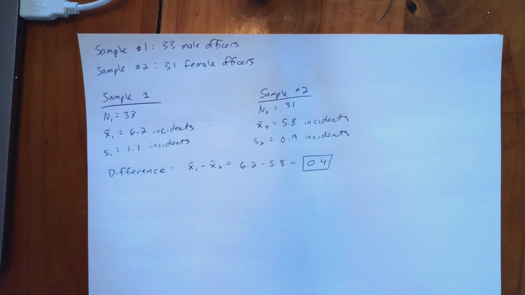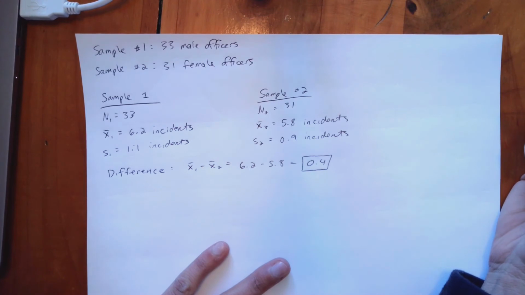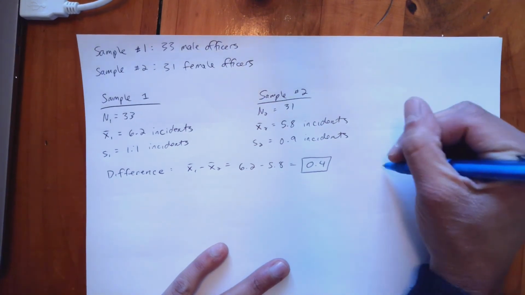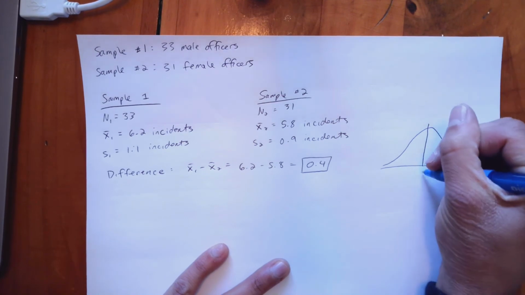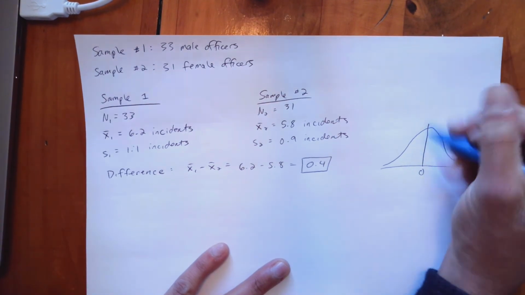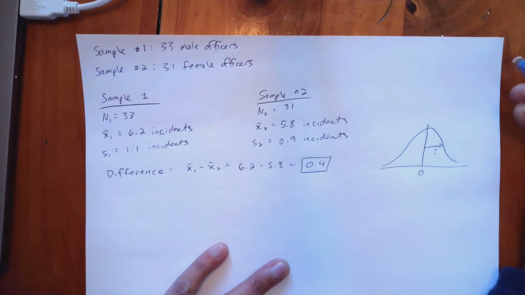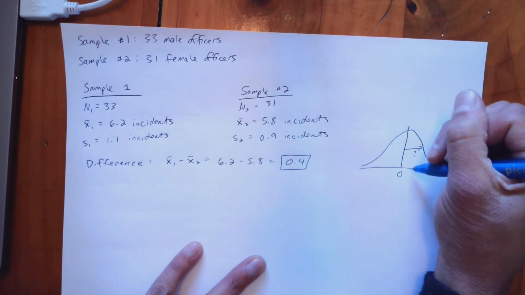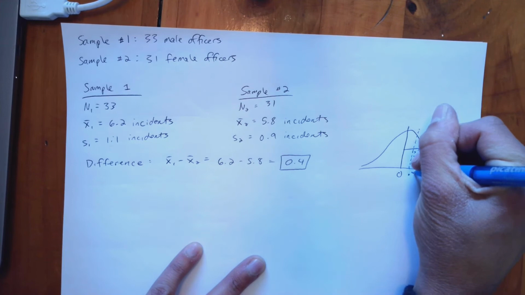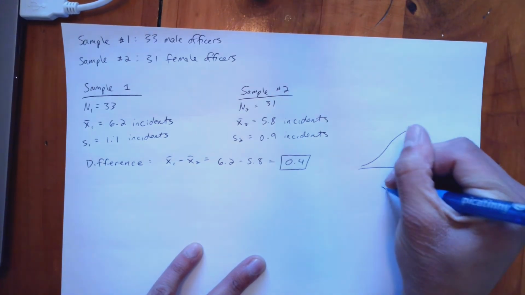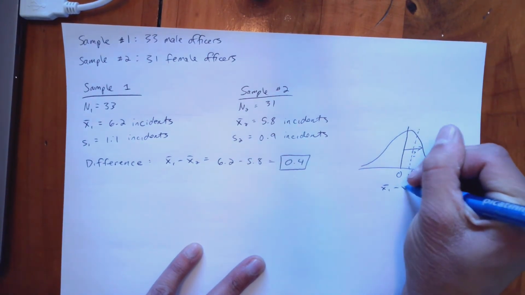So if you think about that difference in mean sampling distribution, we've got our mean of 0, we have a standard error, we don't know what that is yet. We'll say that our difference in sample means is here at 0.4. So these are all the possible sample means you could get.